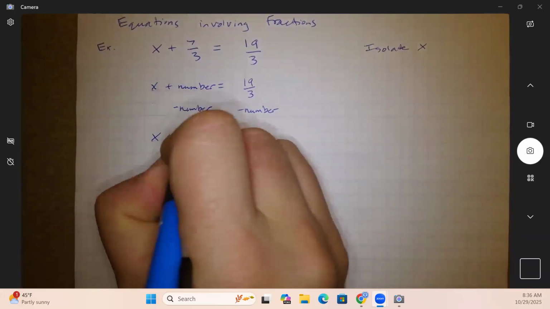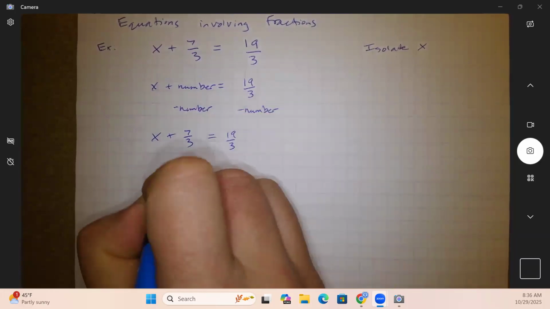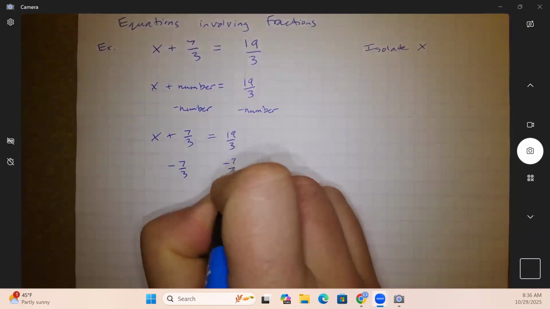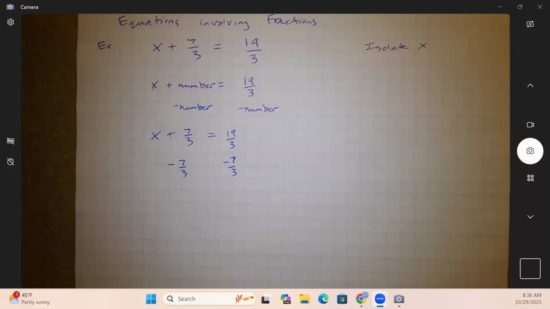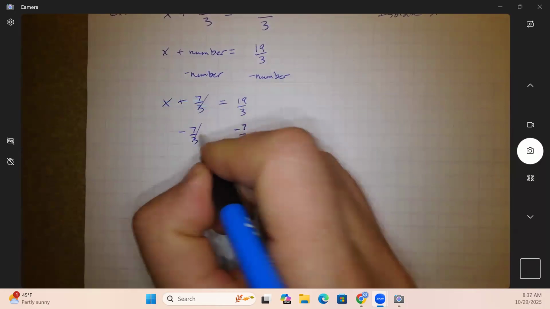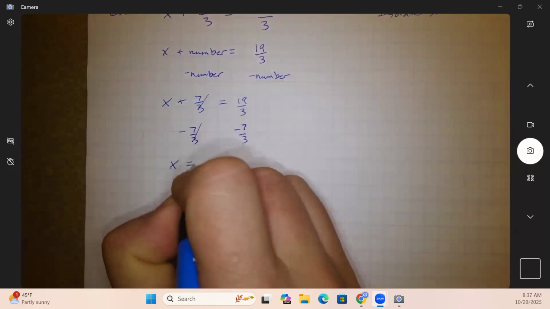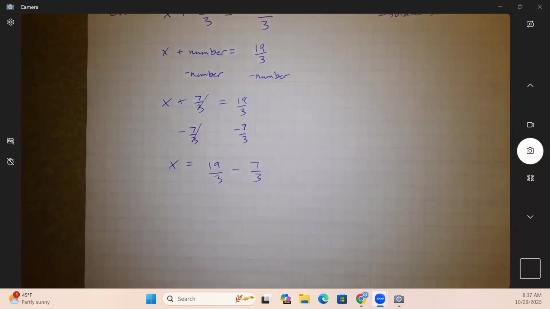So it's x plus 7/3 equals 19/3. So I just have to subtract the 7/3 from both sides. That cancels out the 7/3 on the left, and I have 19/3 minus 7/3.